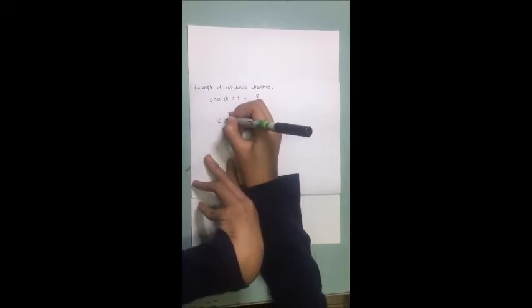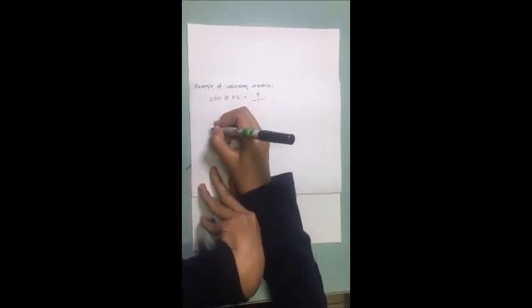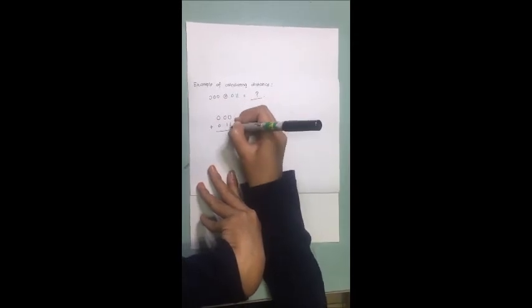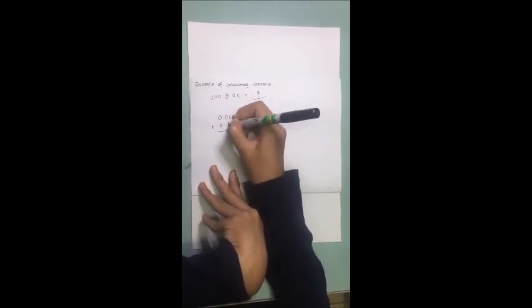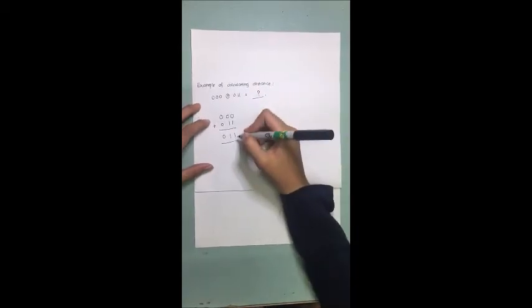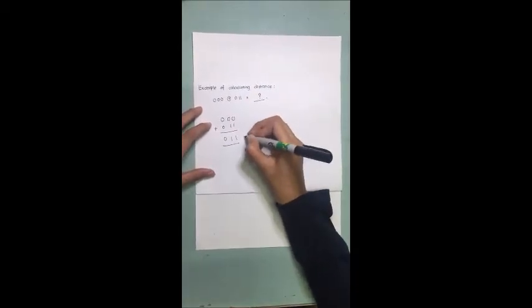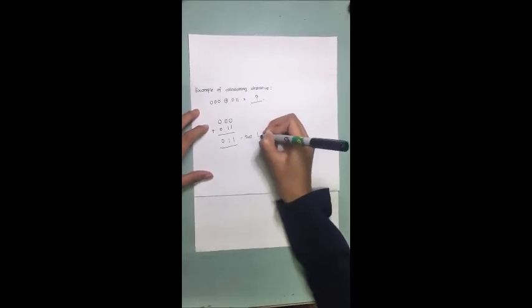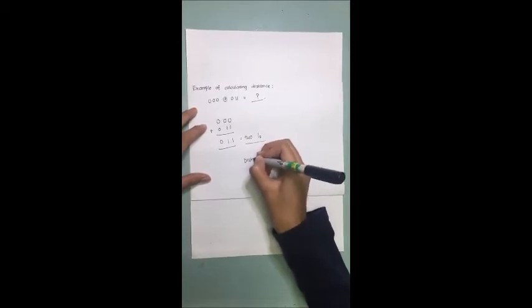It is done by 0 0 0 plus 0 1 1. 0 1 is 1, 0 1 is 2, so the output is 1 1, which is 2 ones. This shows that the distance for 0 0 0 and 0 1 1 is 2.